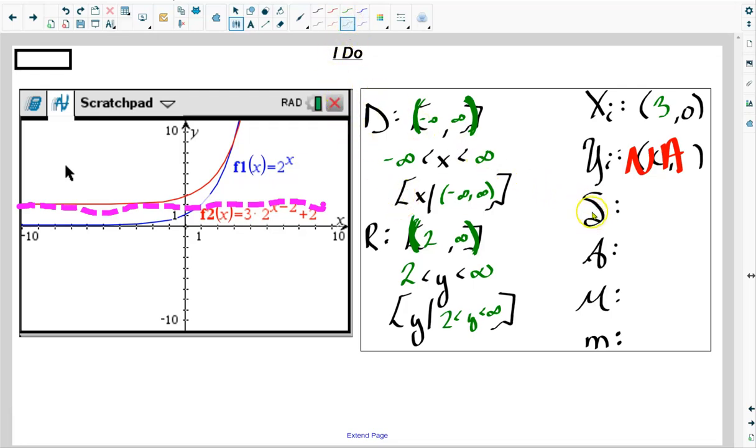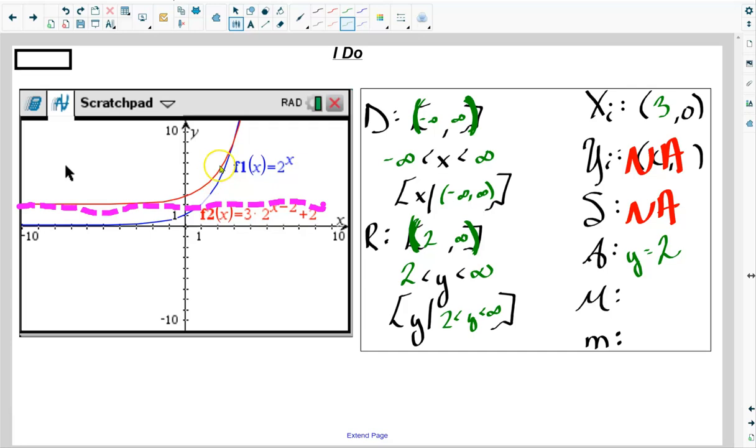All right. Axis of symmetry, is this symmetric? No. Okay, asymptote. We discussed that. It looks like it's this line y equals 2. It's an invisible line that the graph gets close to but doesn't touch. Do we have a maximum?